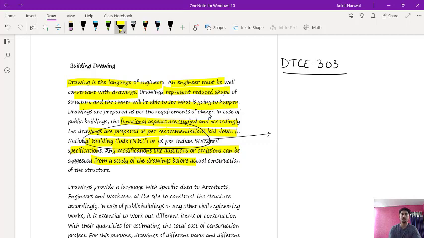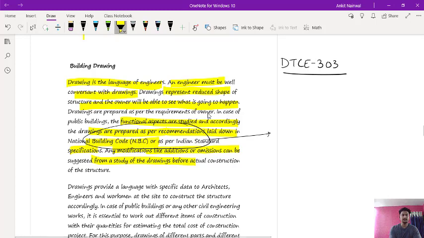If the owner wants some part to be changed, with the help of the drawing, you may change the planning of the building before starting any actual construction. And in some cases the owner changes the plan in the middle of the construction, so that also you need to handle.